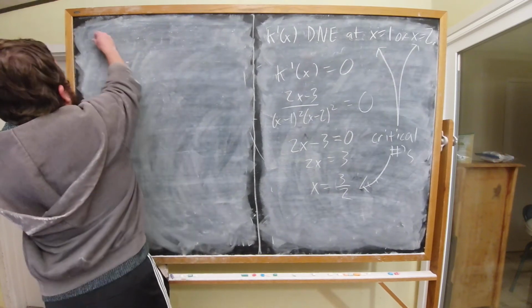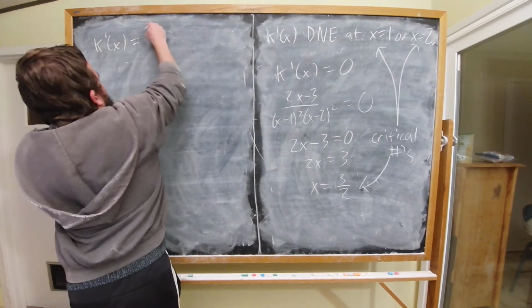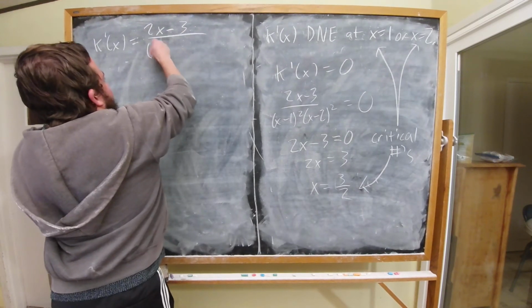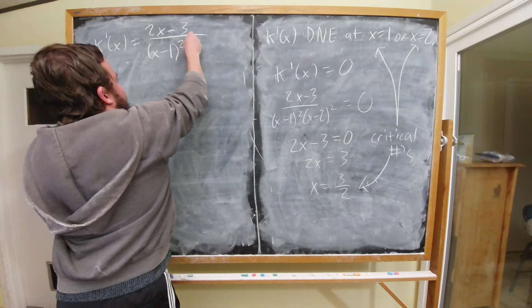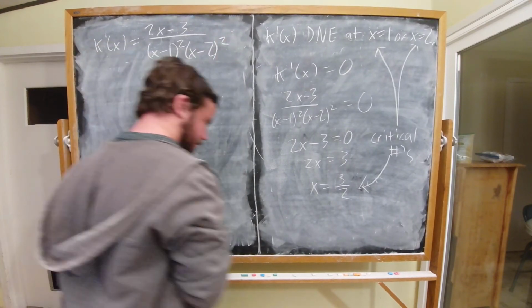Alright, we have that k prime of x is 2x minus 3 divided by x minus 1 squared times x minus 2 squared.